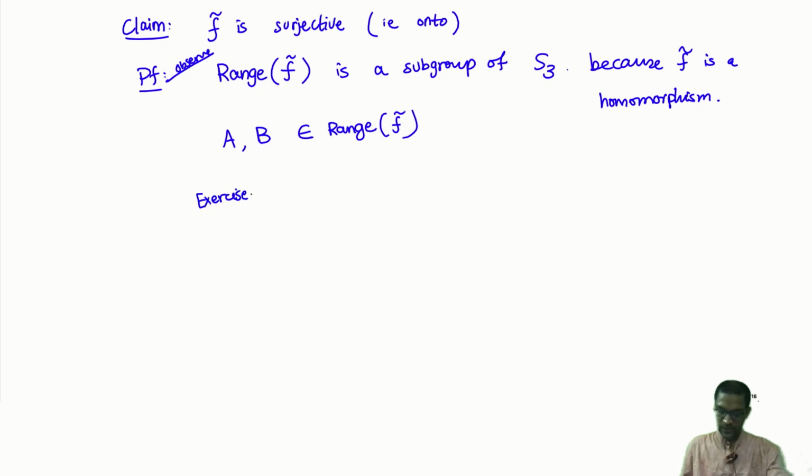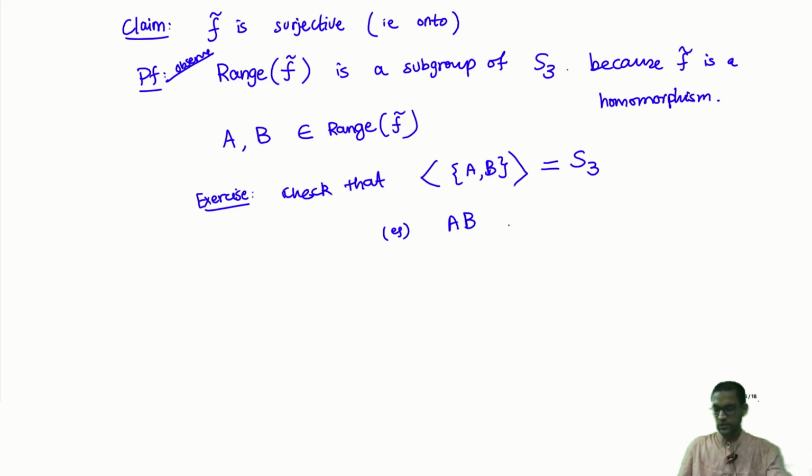So, exercise: check that, another way of saying it is that the subgroup of S3 generated by capital A and capital B is actually the entire group S3. How do we check this? You have to keep taking various products to see that you get every element. Here's one example.